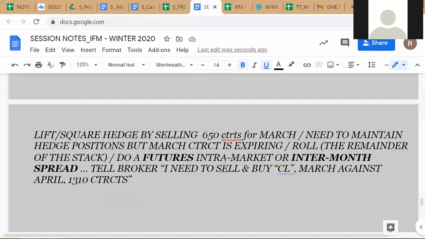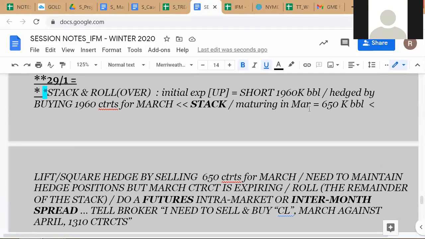When you first hedged by buying 1960 contracts for March, this was an outright long position for your hedge. There's a margin system for that. You will still be left with a net long position.